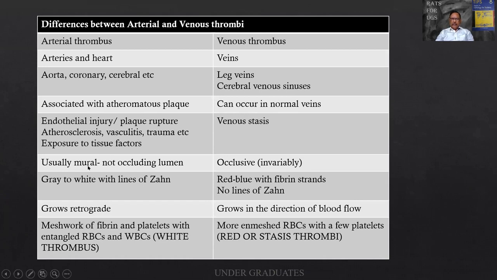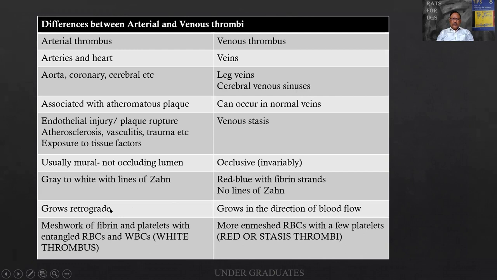We may get a mural thrombus. Not all arterial thrombi are mural. The examples I gave you are that in a ventricular lumen, left ventricle, or in an aneurysm of the aorta, we can get a mural thrombus. Whereas here, it is usually occlusive. Lines of Zahn, alternate gray to white lines will be seen. Whereas here it is reddish blue with fibrin strands and no lines of Zahn.